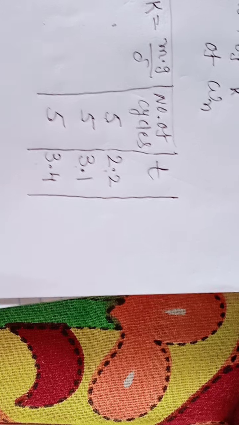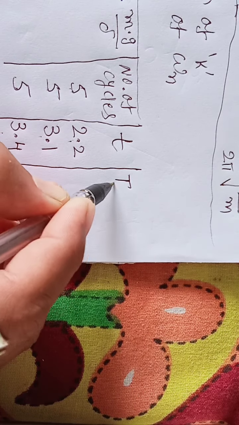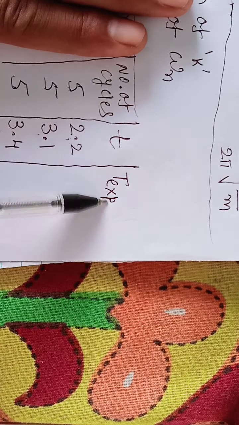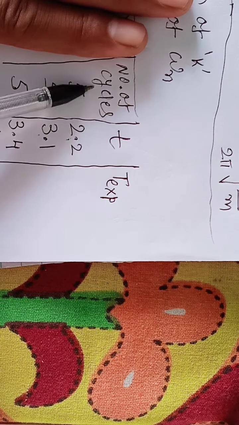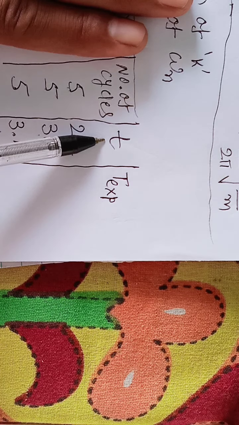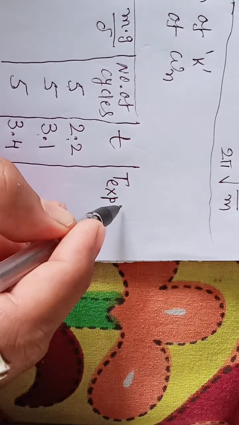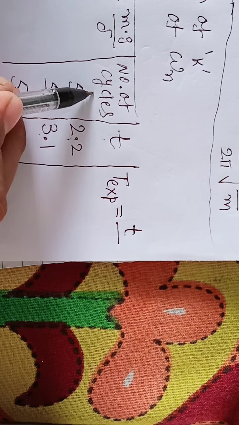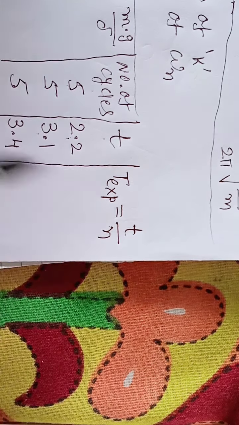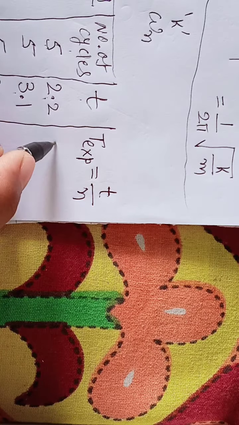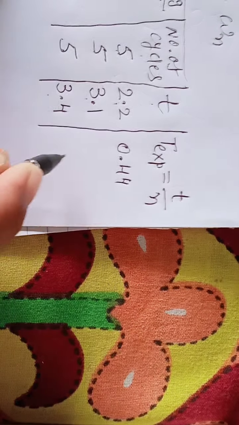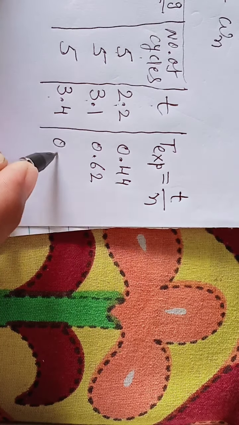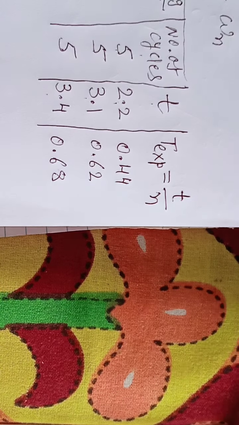Time period, therefore T experimental. These two columns are purely from the experiment. The third one is time period T upon number of cycles, so it is 0.44, 0.62 and 0.68.